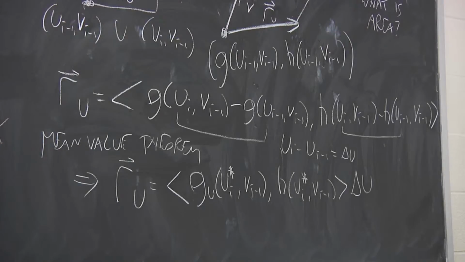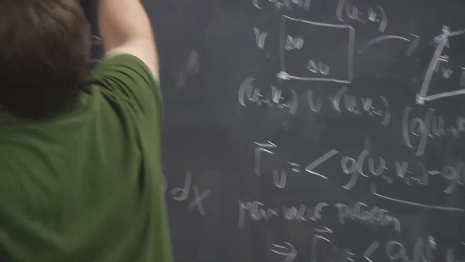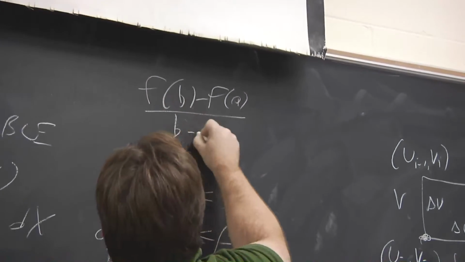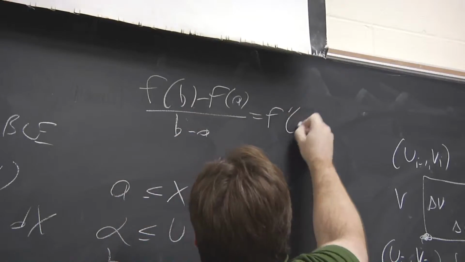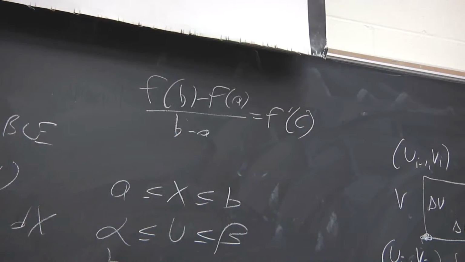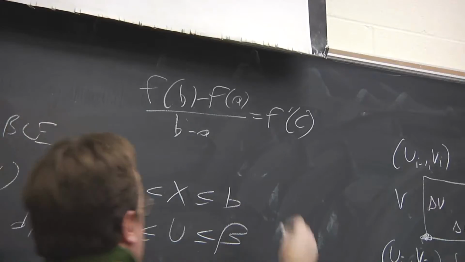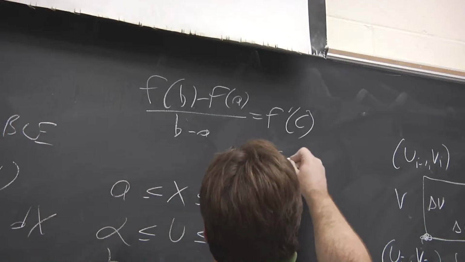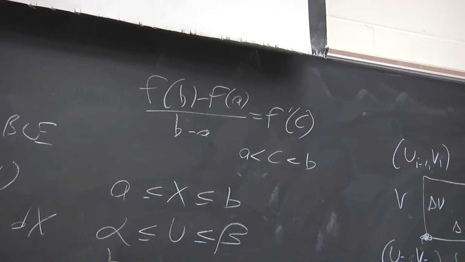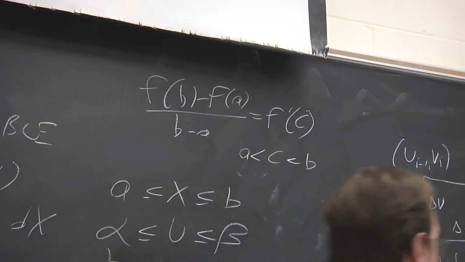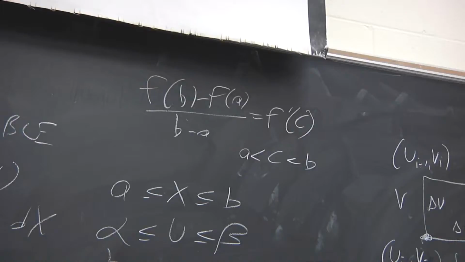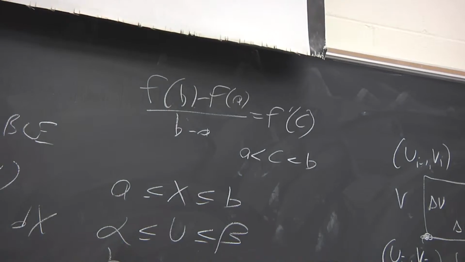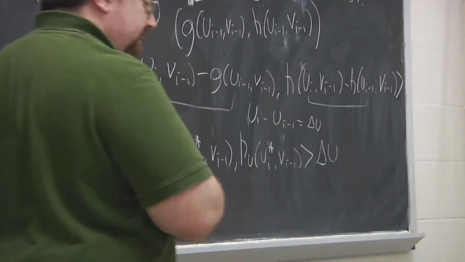Recall the mean value theorem says (f(b) - f(a))/(b - a) is f prime of c, where c is between a and b. That's all we're applying here. Since only u is changing, v is not, we're just looking at a partial derivative with respect to u.